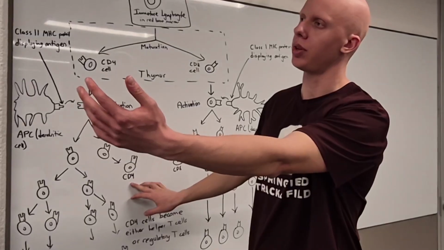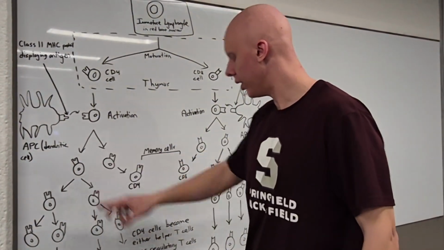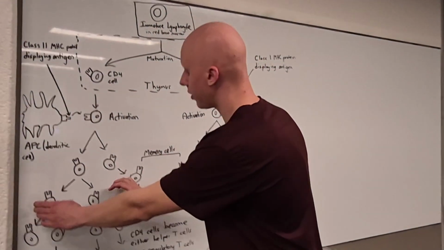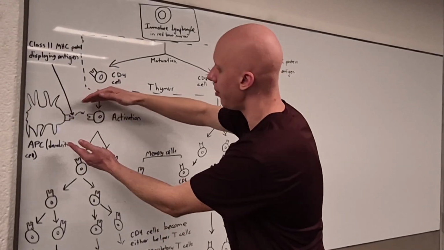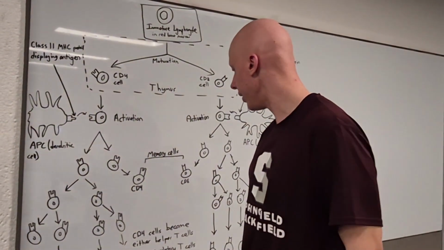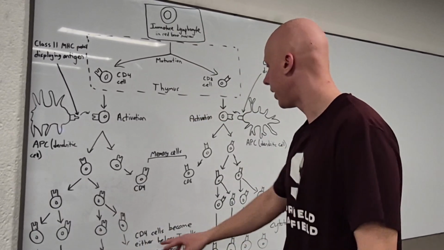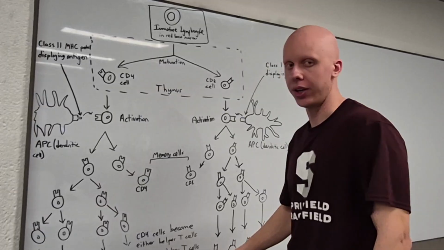Kind of similar to what you saw with the B cells, but this is just creating a memory T cell. But then you keep going and you clone this T cell to make two identical copies with information from the APC. And then these CD4 cells will transform into either helper T cells or regulatory T cells.